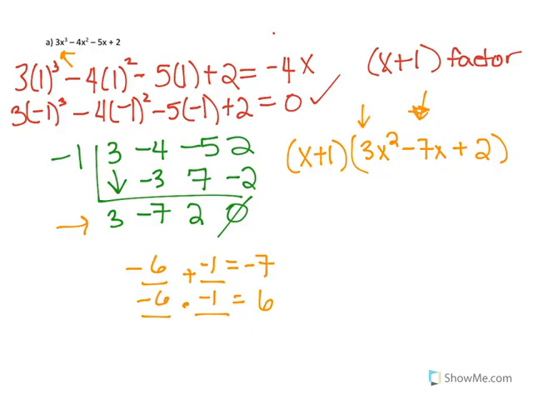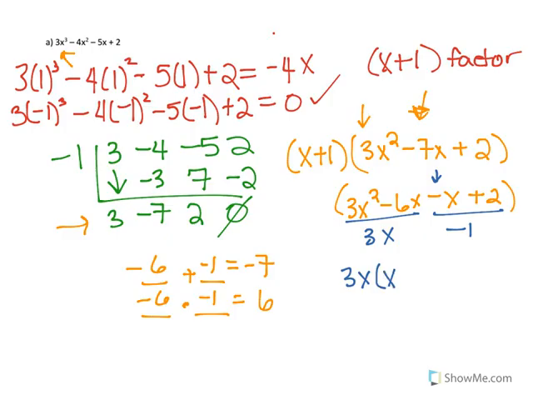A is not 1, so I cannot skip the steps, so I'm going to break up the middle term. So we have 3x squared minus 6x minus x plus 2. I'm just going to leave that x plus 1 for now. Now I'm going to take out a common factor. So I have a 3x here, and I have a negative 1 here. Remember that when this is a subtraction sign, you need to take out a negative or it will not work.